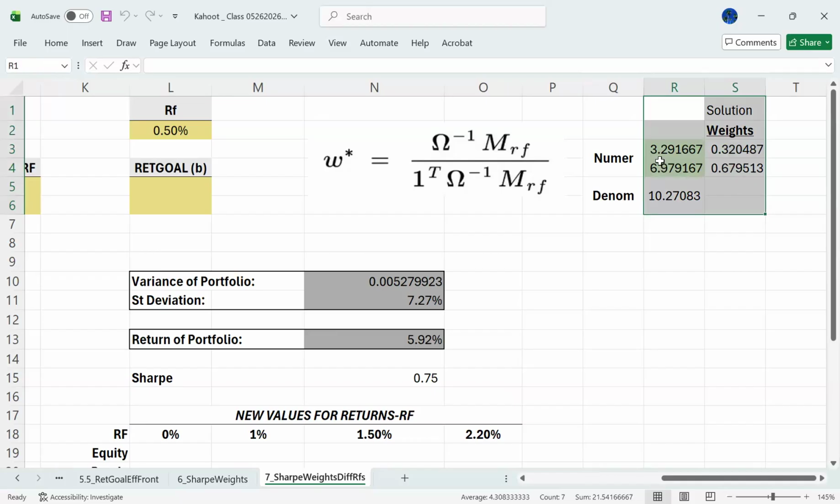But you could also identify this portfolio if you draw a chart and then you draw a tangent that goes from the risk-free rate and touches the efficient frontier that we drew in one of the previous videos too. The point at which this tangent line intersects the efficient frontier is precisely the coordinates set by the risk and return of the optimal risky portfolio that we are getting here, and the weights are 32% and 68%.